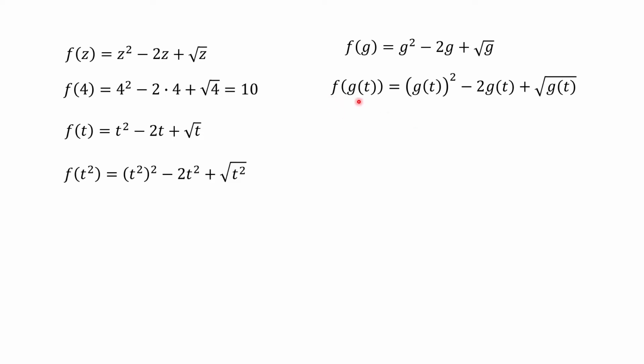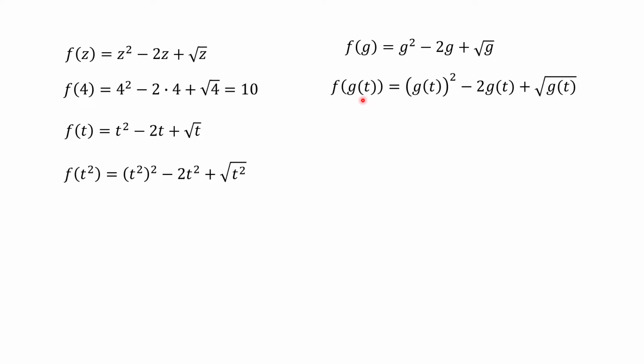So for functions that look like this, there's essentially a function g nested inside of the function f. These things have different names. Some people call it superposition of functions, composition of functions, or composite function.